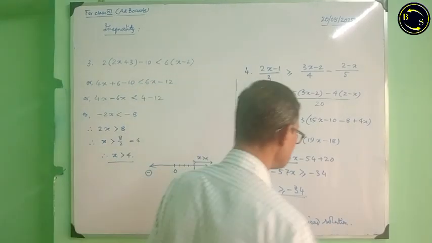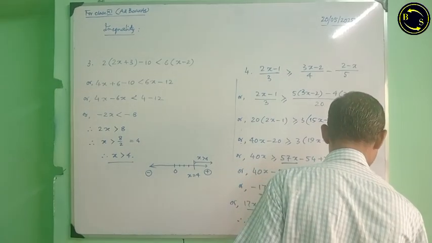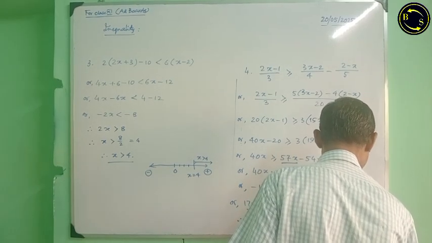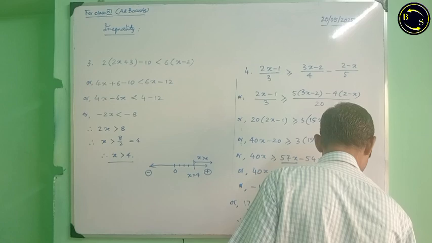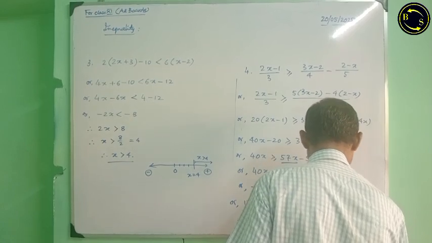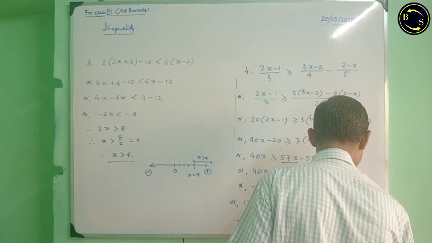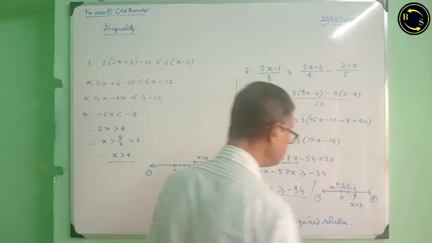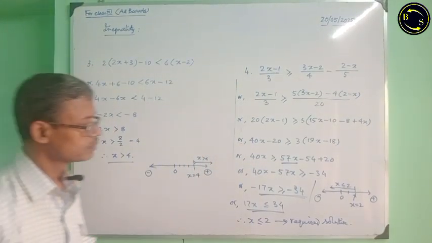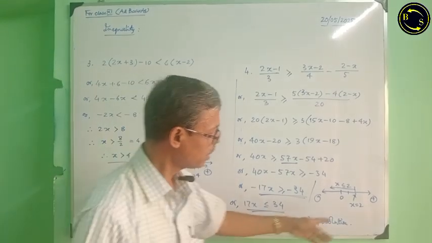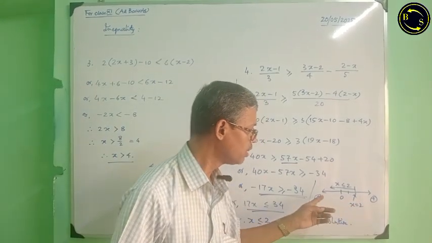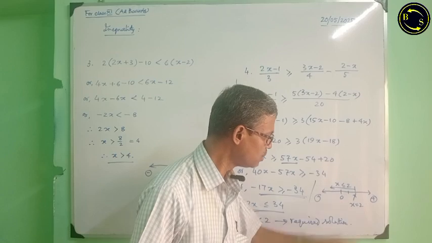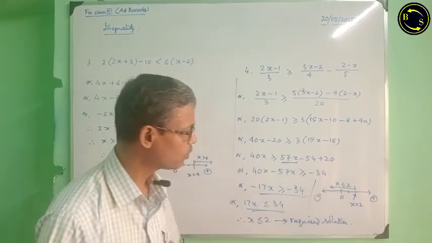Now, if we represent that using the number line, draw the line, then take a suitable point lying within that line as the origin, then scale, and this represents x less than or equal to 2.